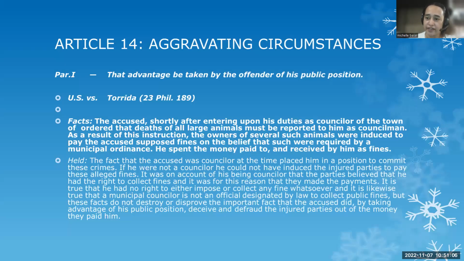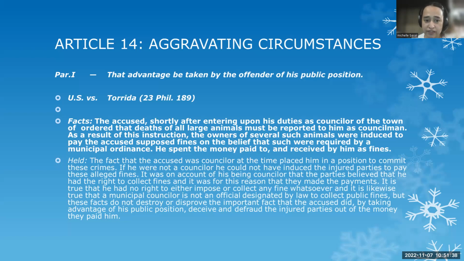So, Article 14, aggravating circumstances, paragraph 1. The first aggravating circumstance is that advantage be taken by the offender of his public position. For example, in the case of US versus Torrida, the accused, shortly after entering upon his duties as councilor of the town, ordered that deaths of all large animals must be reported to him as councilman.